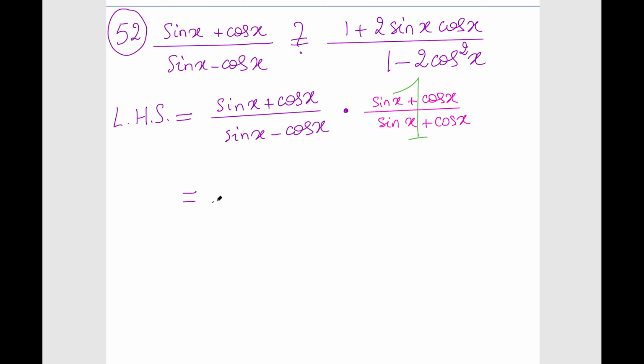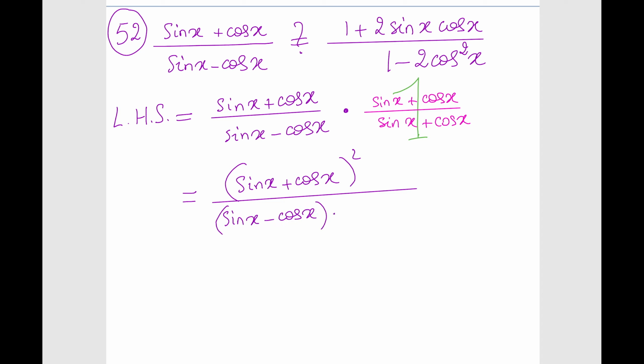All right, so this upstairs becomes sine x plus cosine x squared, and downstairs becomes sine x minus cosine x times sine x plus cosine x. That's downstairs.